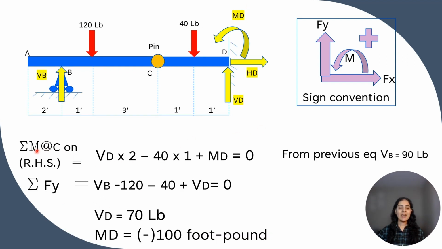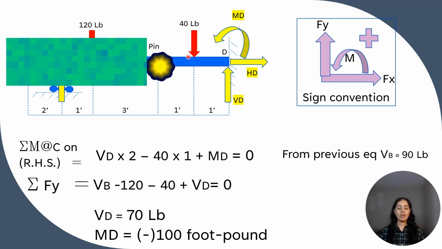Now we will take summation of moment at C on only right hand side of the beam. So VD into 2, it is an anticlockwise moment, so VD into 2, and this force 40, it is making a clockwise moment, so minus of 40 into this distance 1, and plus this MD is equal to 0.